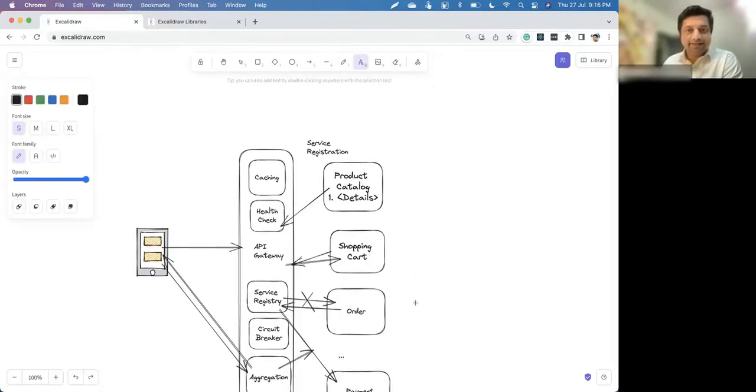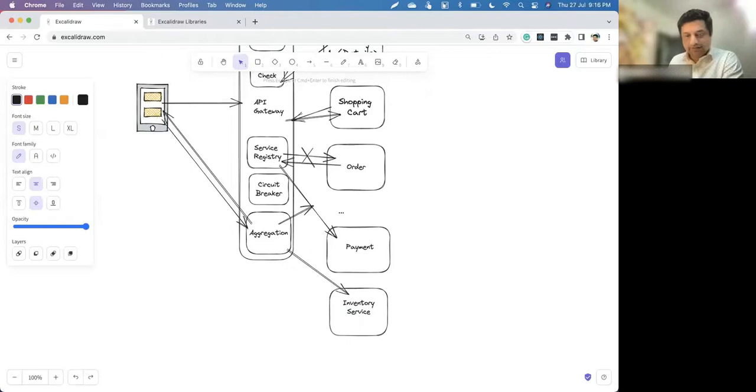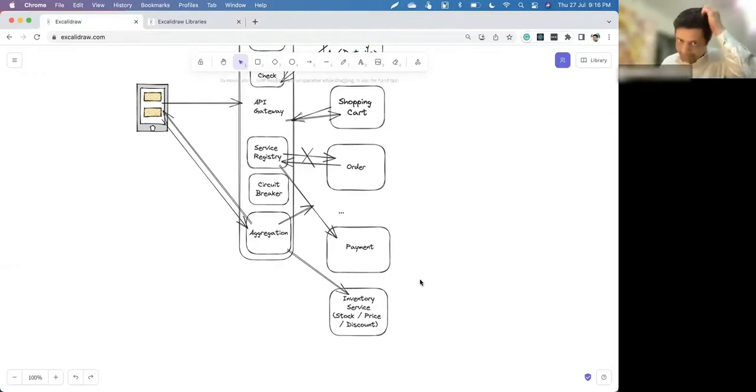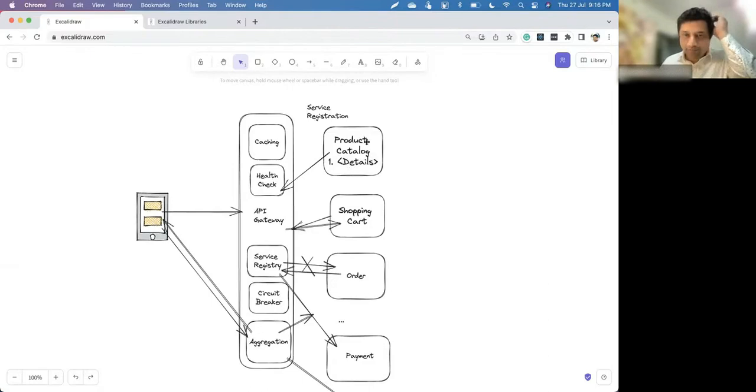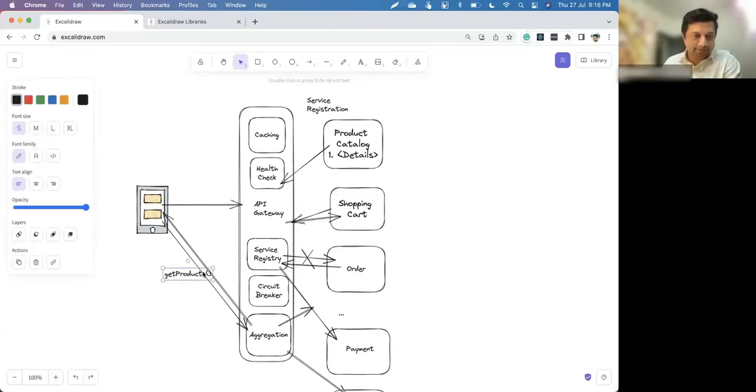And there is another service, which is inventory service, which has the stock and price, price, discount, etc. So some information is coming from inventory service, some information is coming from product service. So here the call is get products, which is the call the client is making.